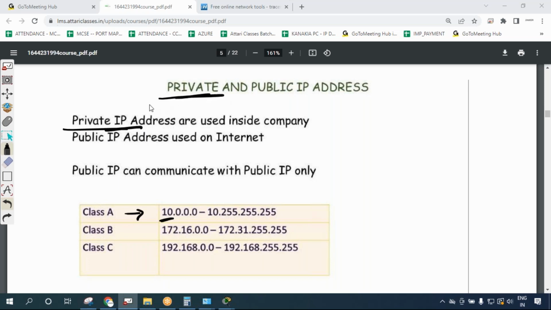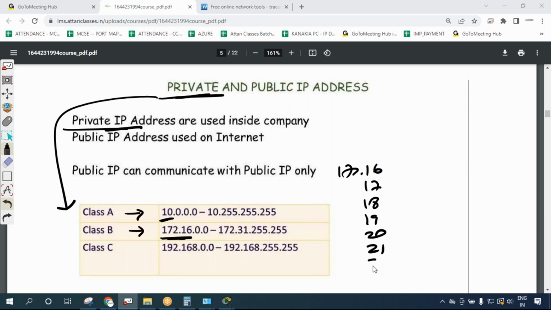In an interview you will be asked what the private IP range is. You have to say that from class A the 10 range is taken, from class B 172.16 to 172.31 is taken, and from class C, IP addresses starting with 192.168 are private IP.